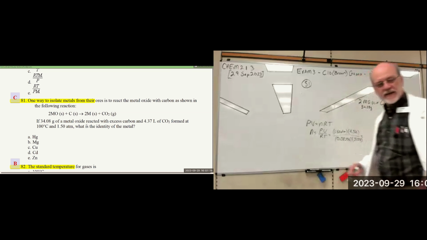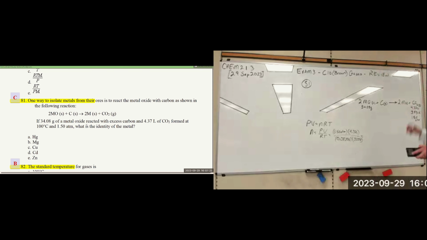Okay, so let's find out how many moles of carbon dioxide were produced. 1.5 times 4.37 divided by 0.08206 times 373. Right. Okay, so this is 0.2142 moles of CO2.